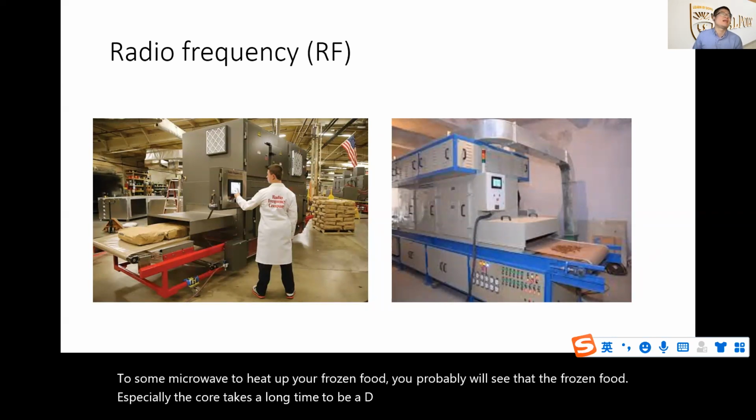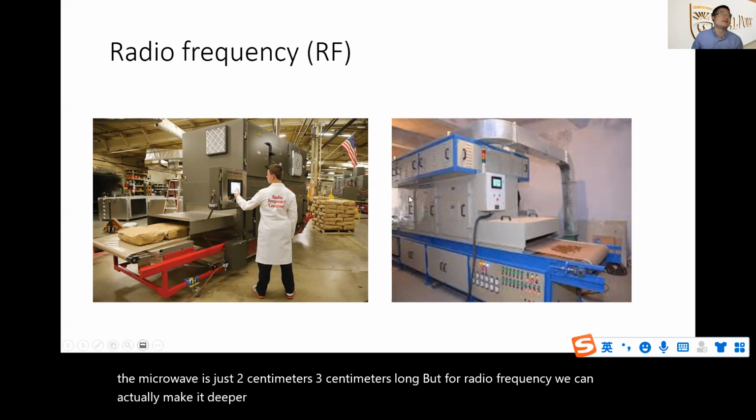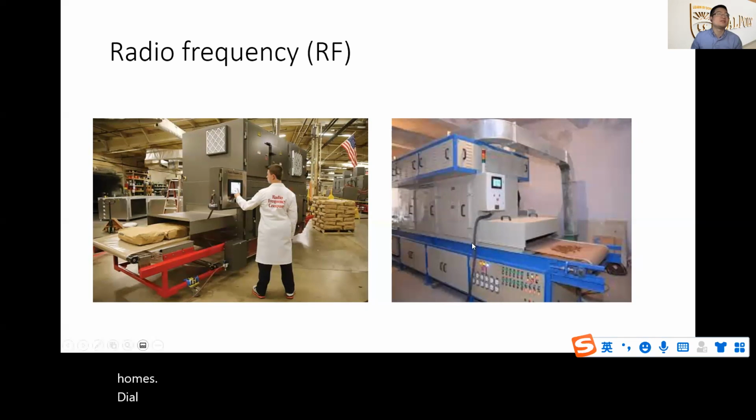That's because the penetration depth of the microwave is just 2 centimeters, 3 centimeters. But for radio frequency, we can make it deeper by adjusting the wavelengths. So that's the difference. But those radio frequency equipment are much larger than our home-style microwave, so it's quite expensive.